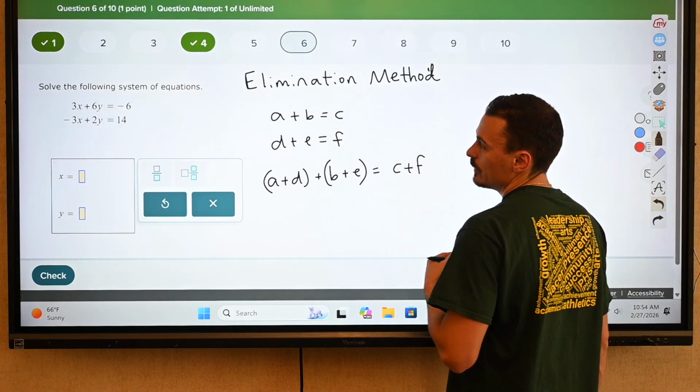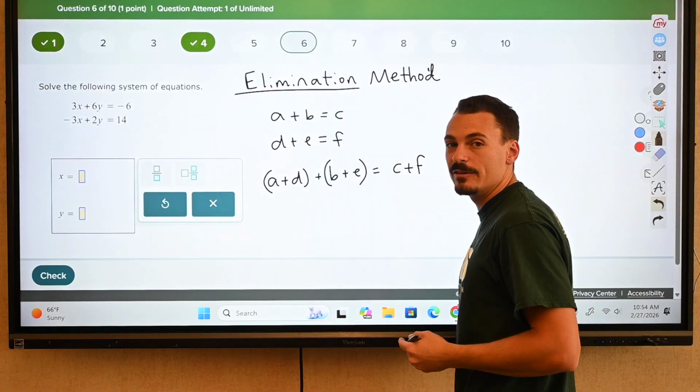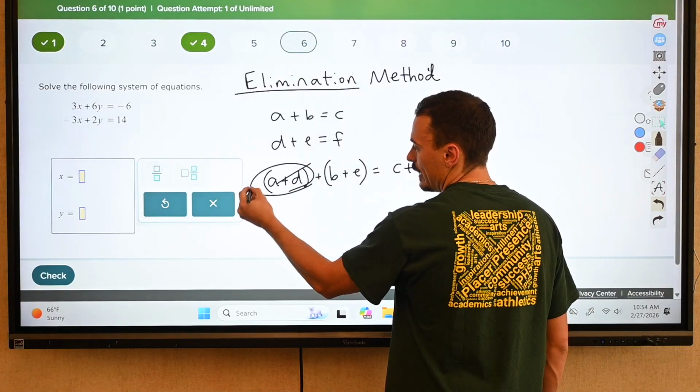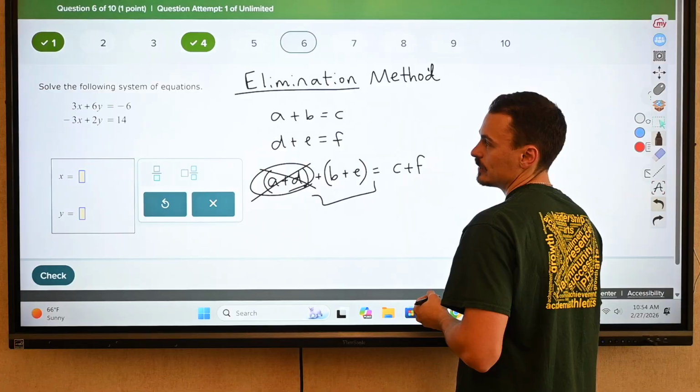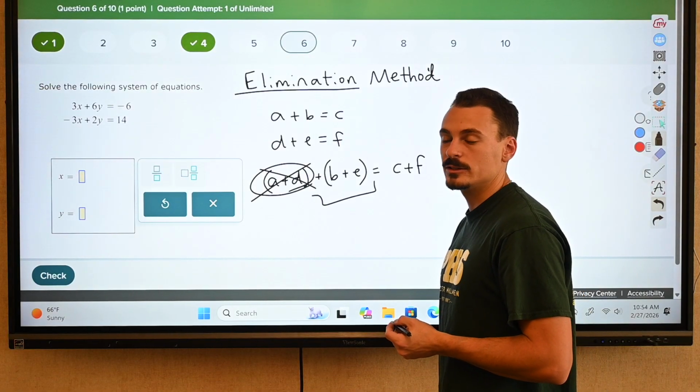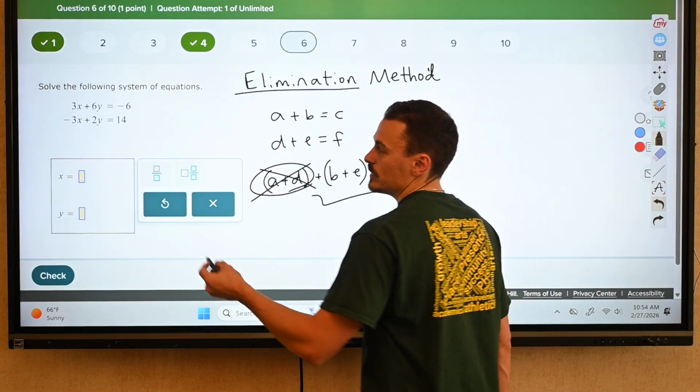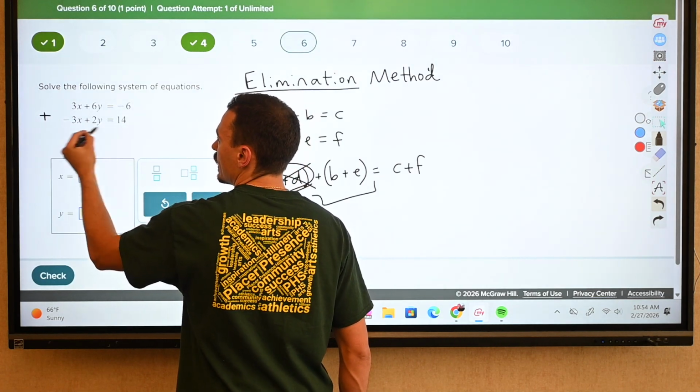Now the elimination method is when we eliminate a variable. So if these eliminate, then you're just left with this. What we're doing is taking these two equations and adding them together.